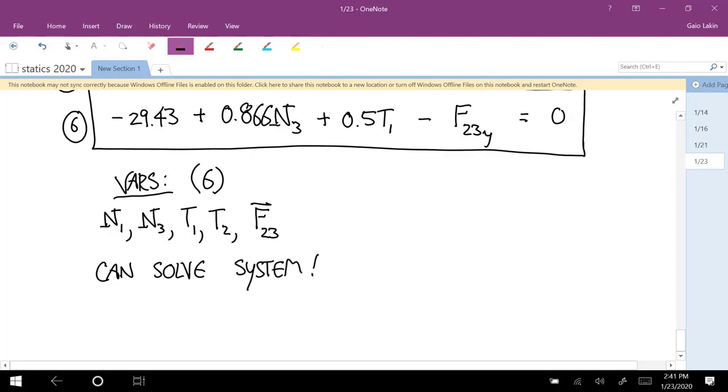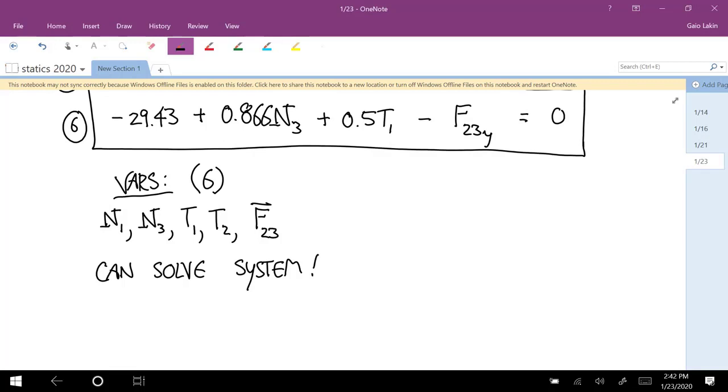By the way, is there any possible way that we couldn't solve this system? We have 6 equations and 6 variables. What would cause that is that you would have one or more of your equations being linear combinations of some of your other equations. So we have 6 equations, but if it happened to turn out that they weren't all independent, then there wouldn't be an answer.